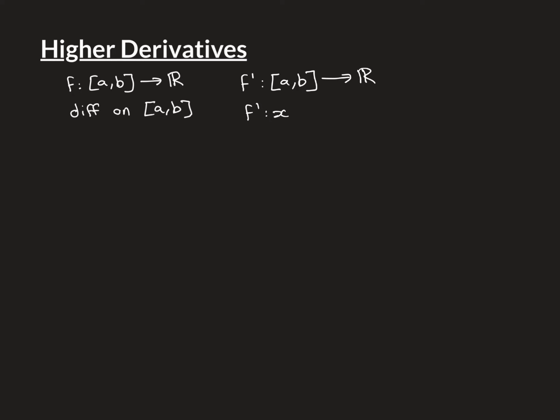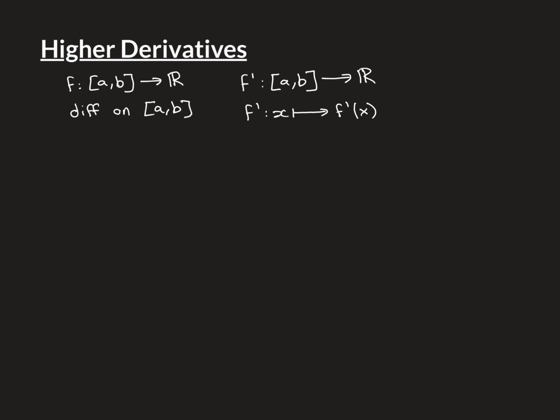So it'll take any x inside our interval ab, and it will just map it onto the value of the derivative at that point. So x is inside here, the function f will be differentiable there, it'll have a derivative value there, which we've called f prime of x previously, and now we're going to create this derivative function that will map each point in the domain onto the value of its derivative there.